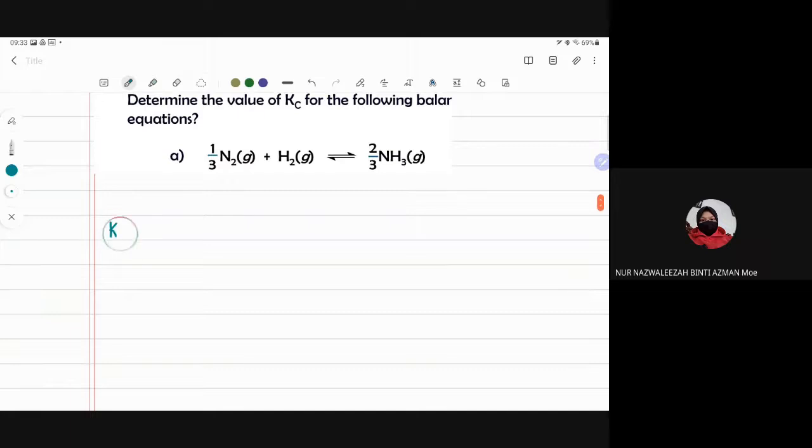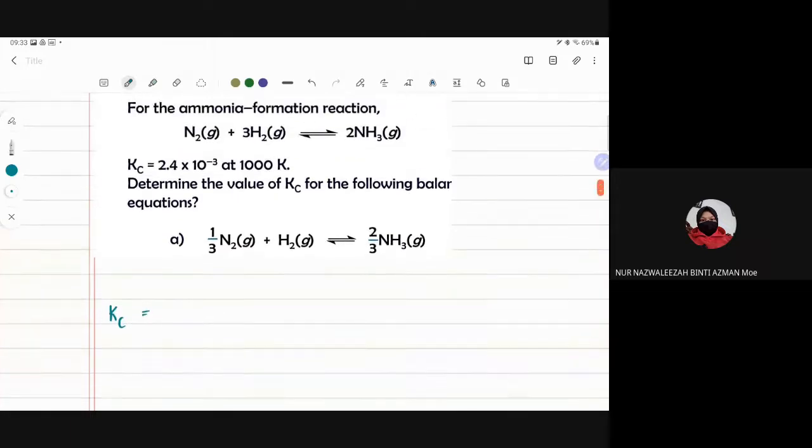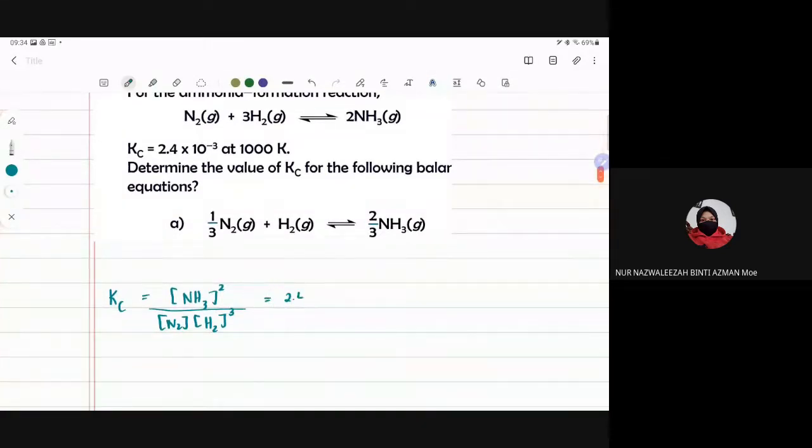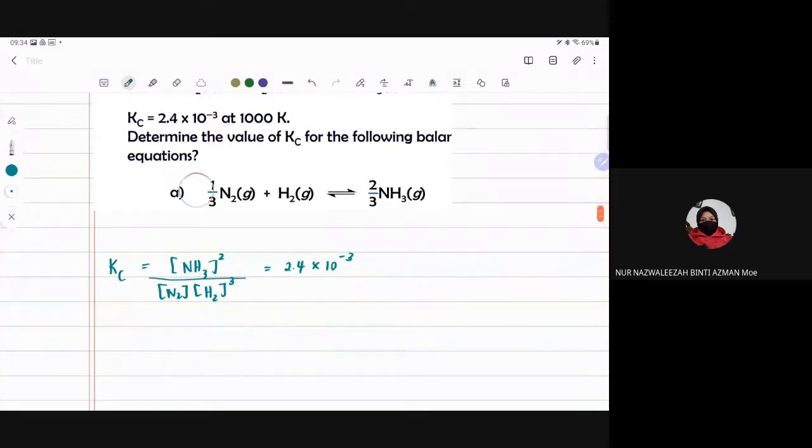So we write down the Kc. Kc sama dengan concentration of NH3 square bahagikan dengan concentration of N2 concentration of H2 to the power of 3. Dan ini nilai dia bersamaan dengan 2.4 times 10 to the minus 3. Now kita nak cari Kc yang ini pula.